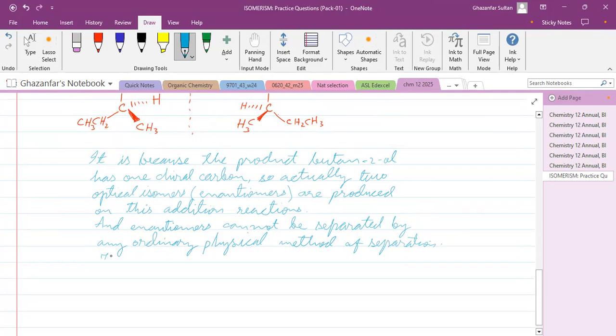They can be separated by chiral columns using chromatography.